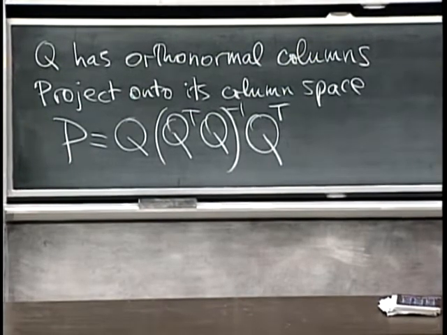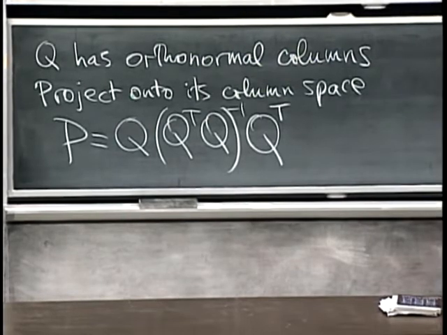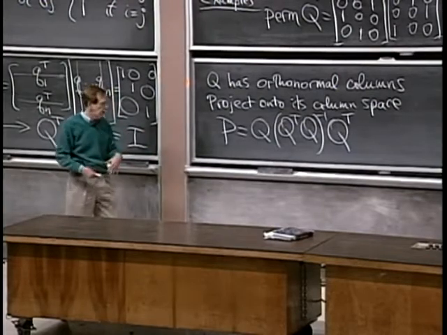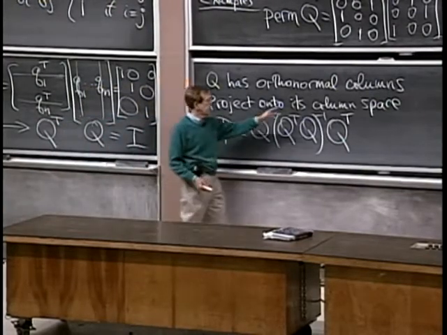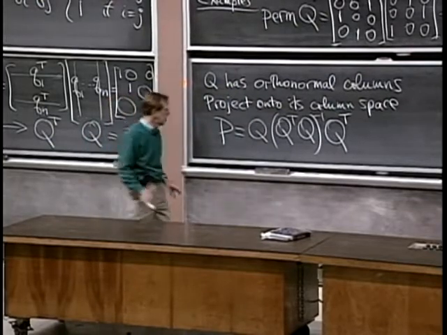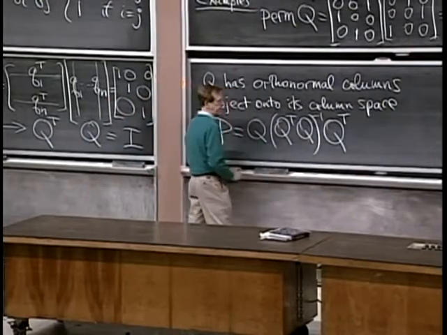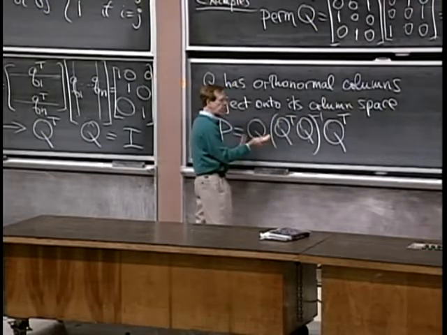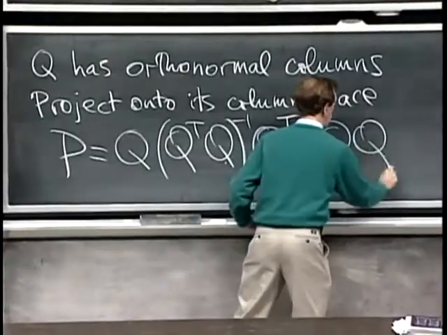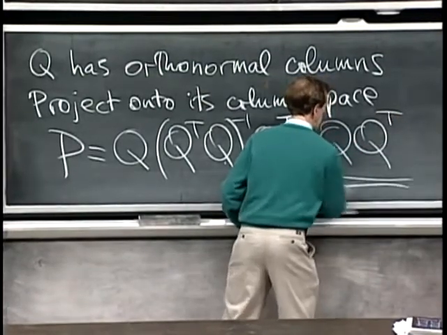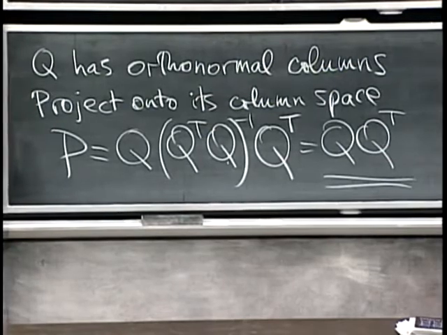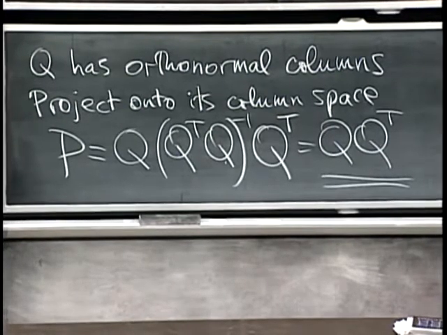But what's good here? What makes this formula nice if I'm projecting onto a column space when I have an orthonormal basis for that space? What makes it nice is this is the identity. I don't have to do any inversion. I just get Q transpose. So QQ transpose is a projection matrix.